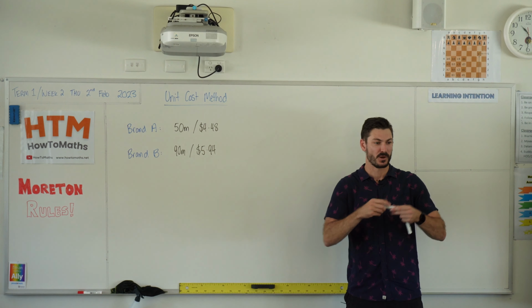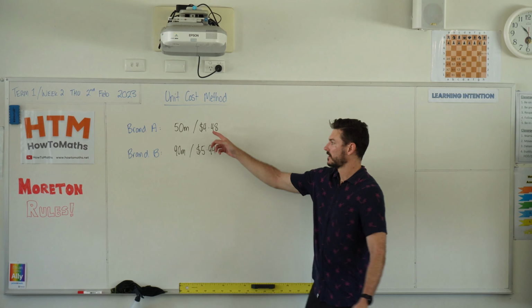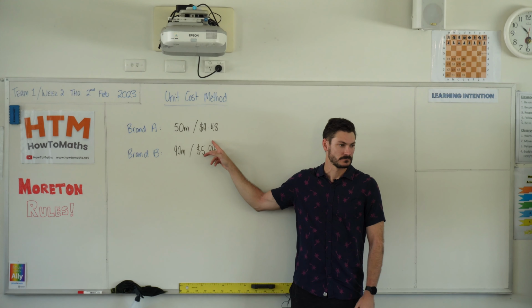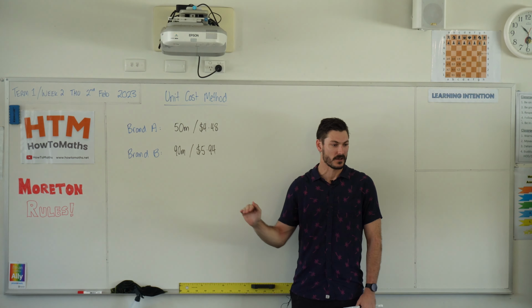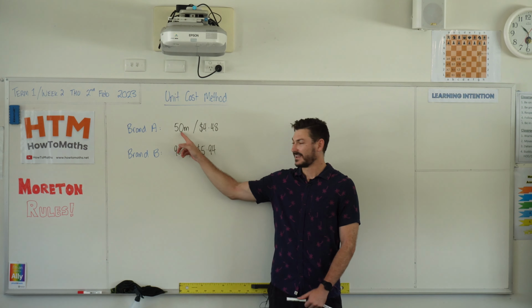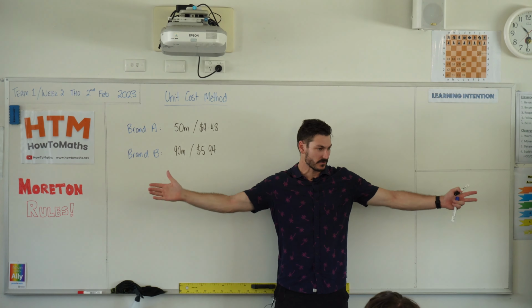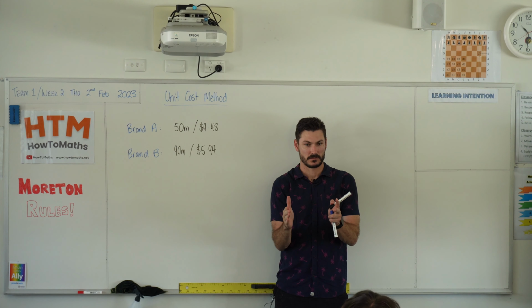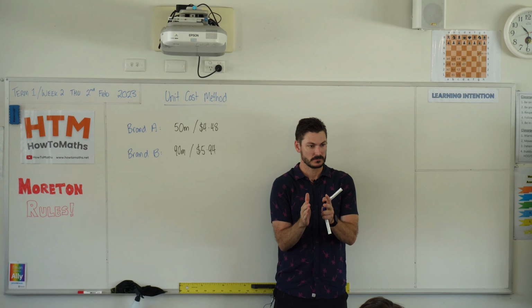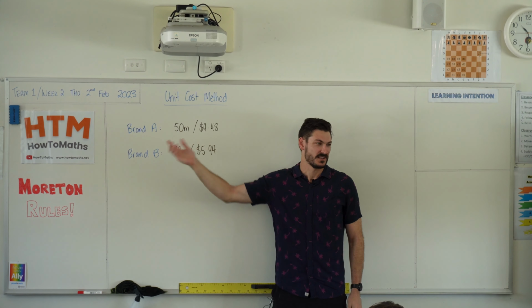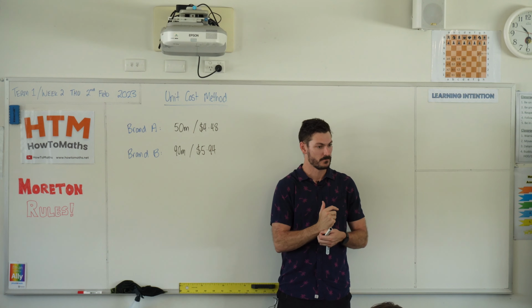Typically, if it's about purchasing, you want the dollars to be different because one will be higher than the other. So what we want to do is put these two lengths as the same length, either 1 meter, or in this case, it'll even be easy to get them in 10 meter lengths to compare them.